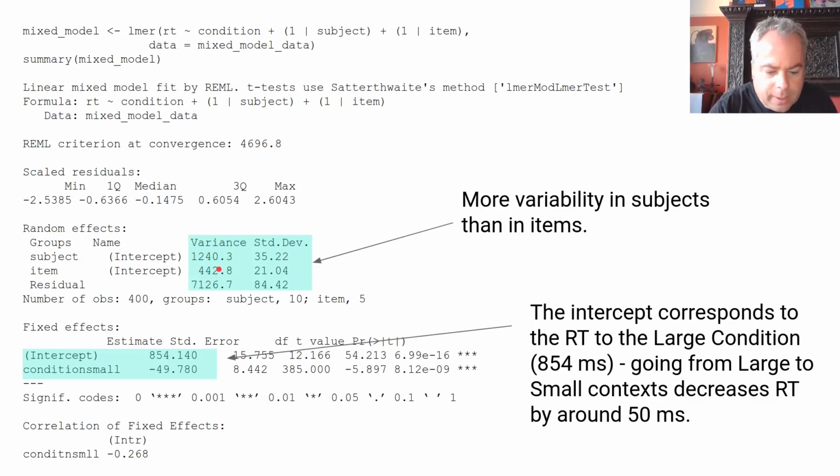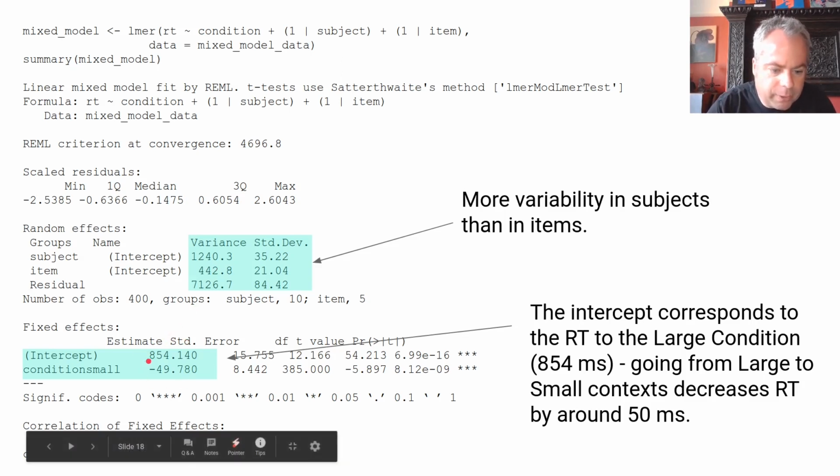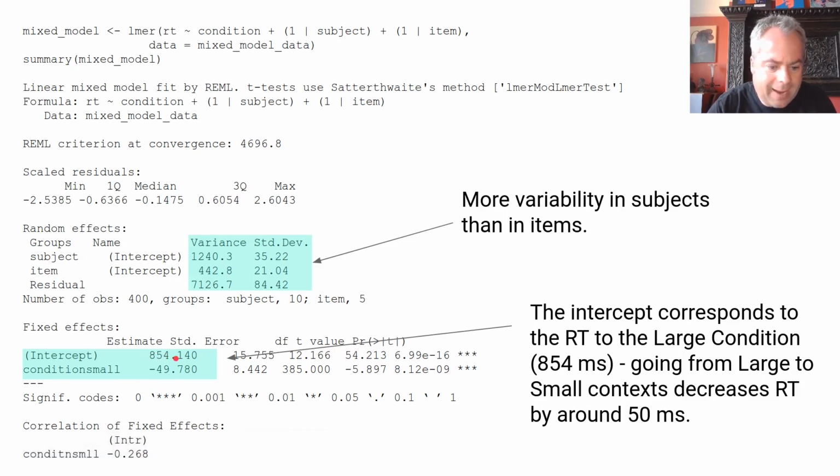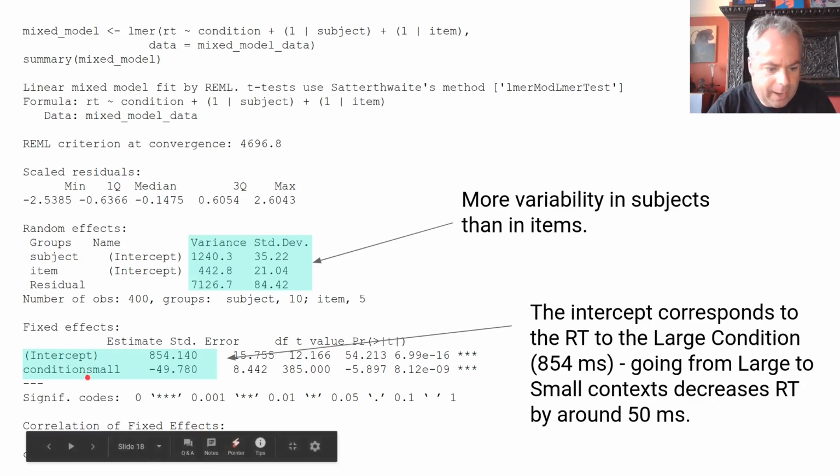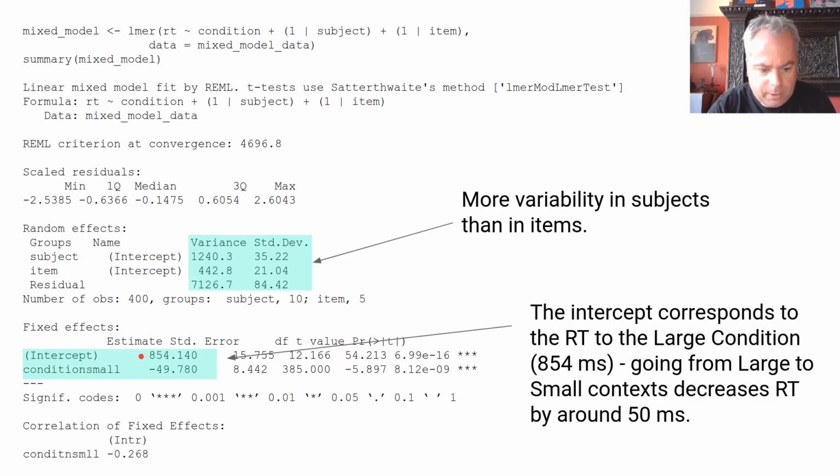But the important thing in terms of determining whether or not our experimental manipulation has had an effect is down here. So we see that we've got an intercept of 854. That's the average reaction time for responses to the large visual images. So L comes before S. So the intercept corresponds to the reference category of large visual images.